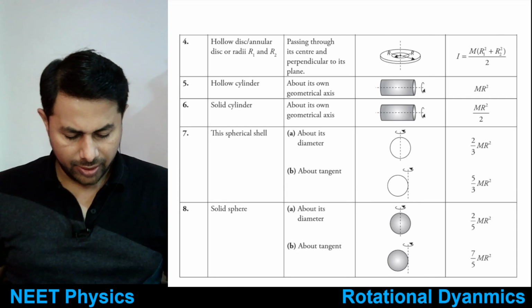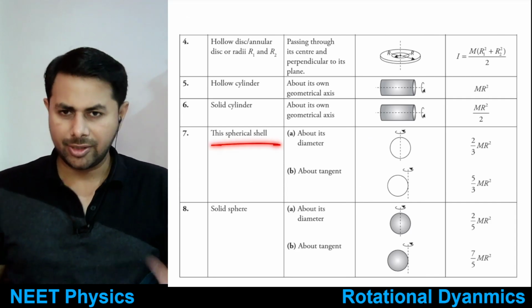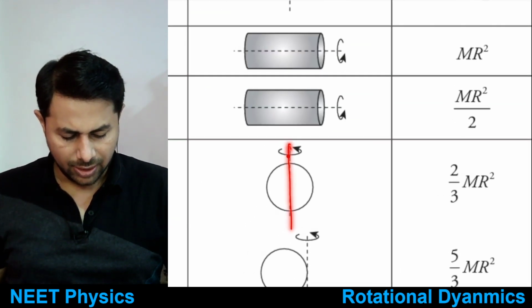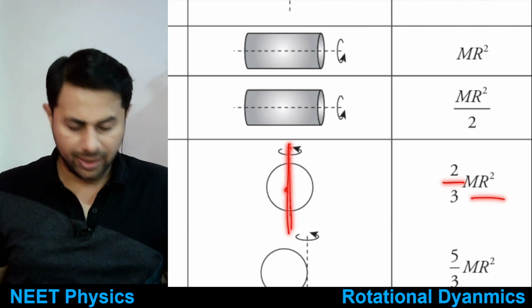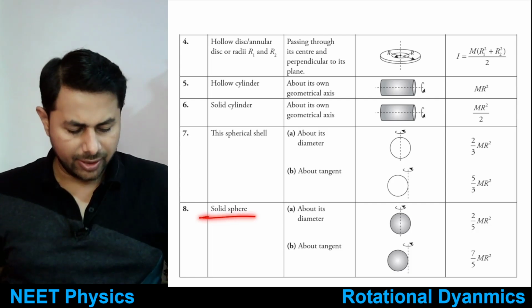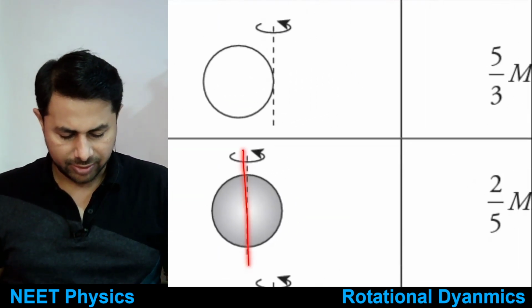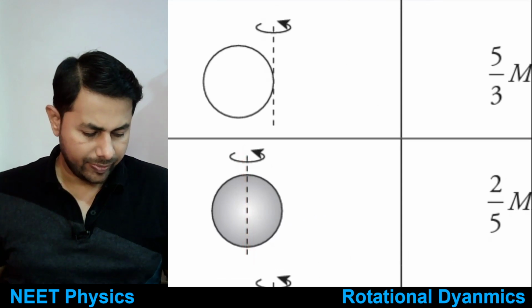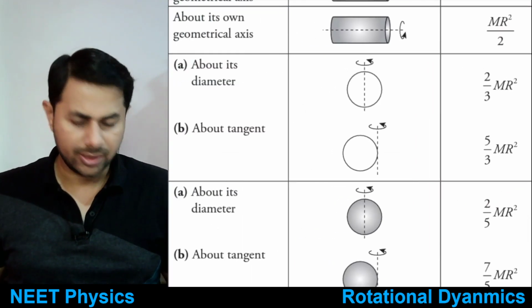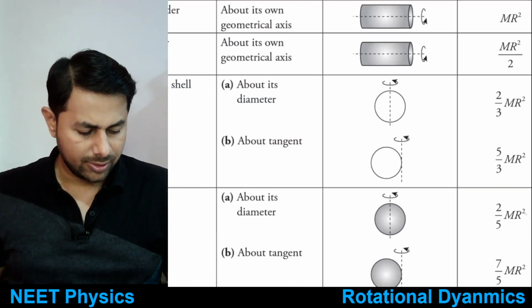Then for a spherical shell, meaning a hollow sphere, the moment of inertia about an axis passing through the center is 2 by 3 mr square. And for a solid sphere, the moment of inertia about an axis which passes through its center is 2 by 5 mr square.